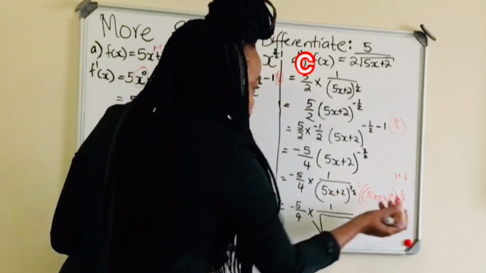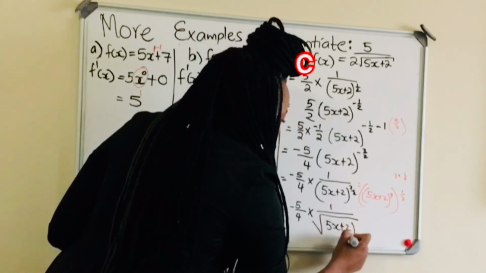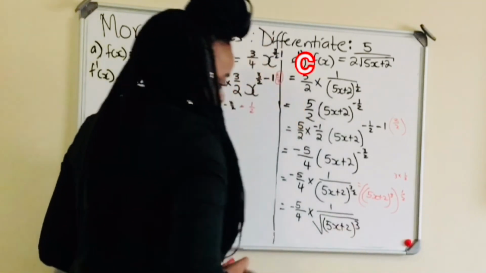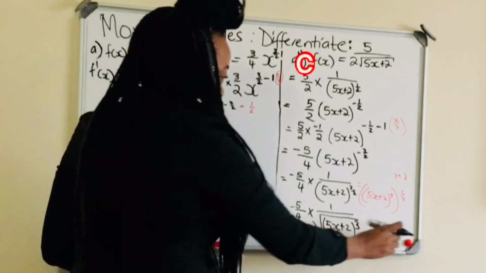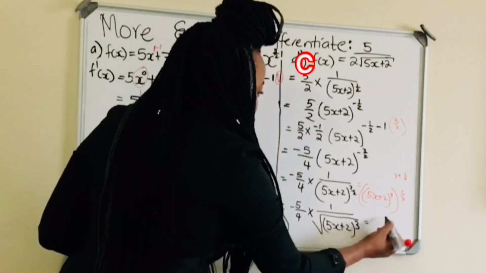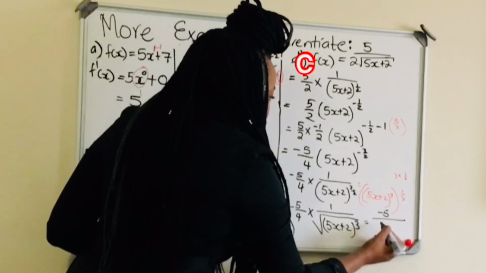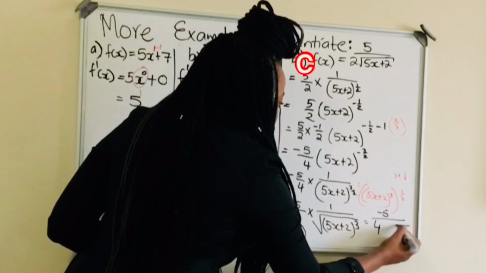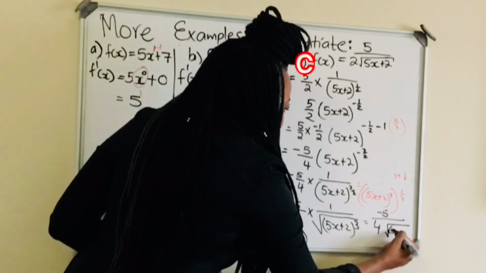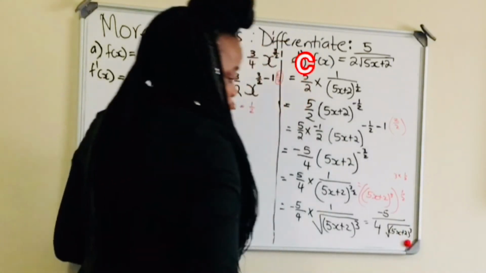So in the end, this is the square root of 5x plus 2 cubed. What is that equal to? This negative 5 will just go there. So it's just negative 5 over 4 square root of 5x plus 2 cubed. That's what you basically have.